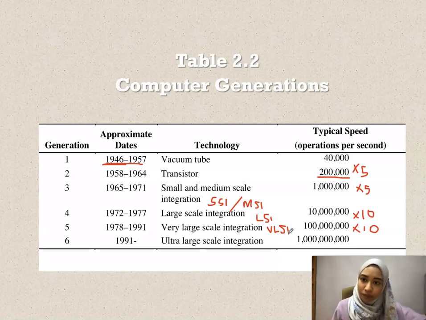VLSI. What does it mean? Very large scale integration. And it is able to perform 100 million operations per second. And then currently we are still in the ULSI, ultra large scale integration. So this one is another times 10.